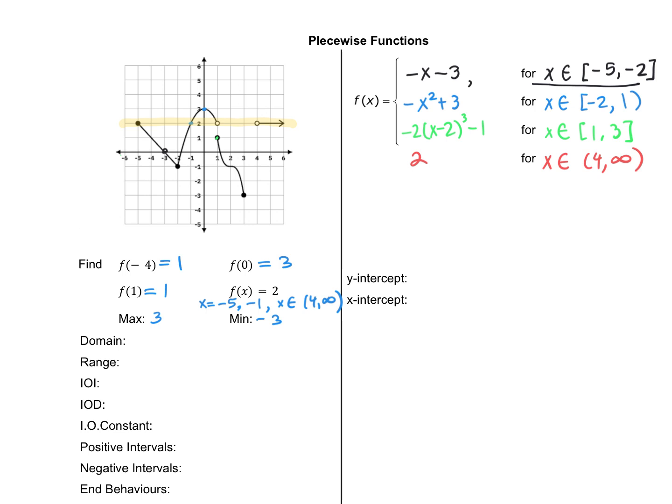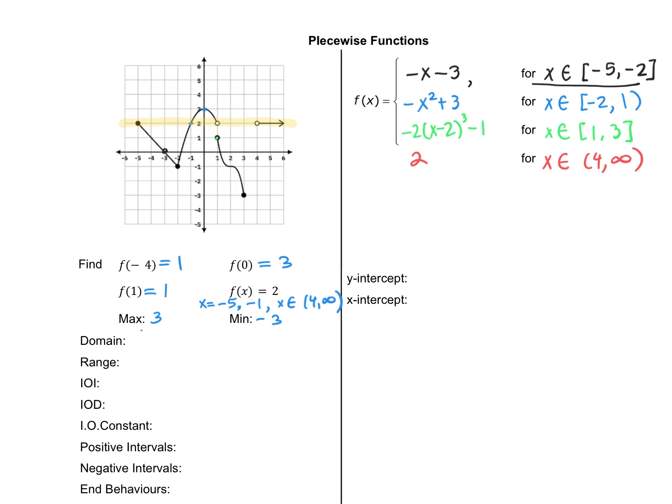Next, we have our domain and range. So for my domain, -5 is the smallest value. I follow the line, the parabola. Even though I have a hole here, I hop onto the cubic and I end at 3 for that first continuous segment of x's, because after that I have empty space between 3 and 4.